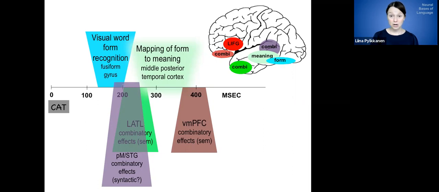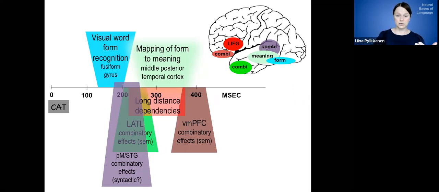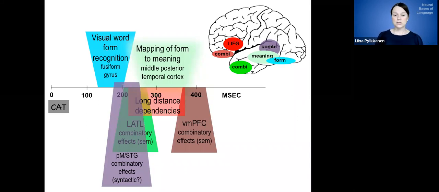And of course, when we started talking about syntax, we started by talking about the LIFG, aka Broca's area. We started by discussing classic hemodynamic findings that show us that it is sensitive to long distance dependencies. We've measured those types of effects in MEG as well. And what we've found is that the LIFG effects of long distance dependencies land in a mid latency time window between 250 milliseconds and 400 milliseconds, approximately, depending a little bit on the kind of construction that you're looking at.